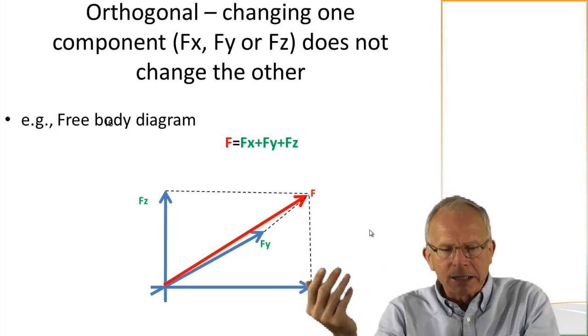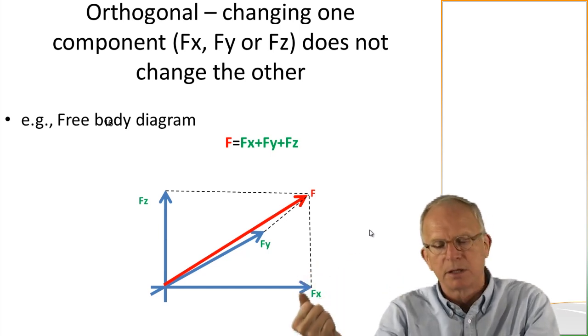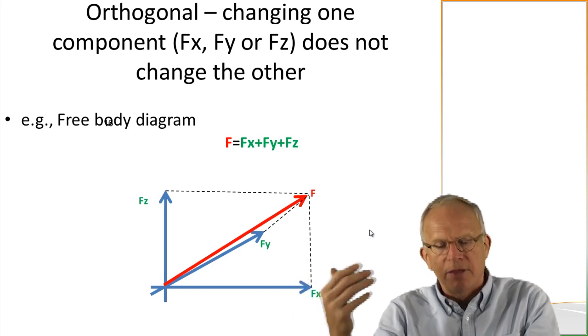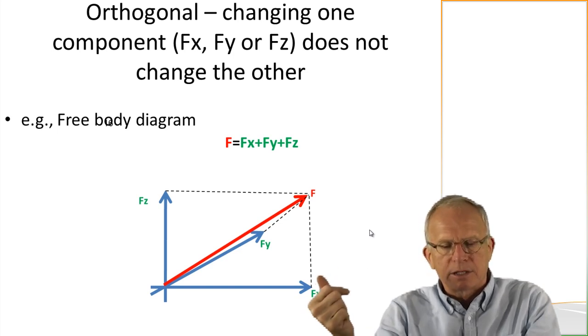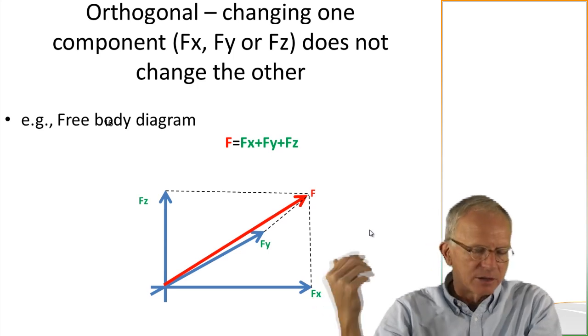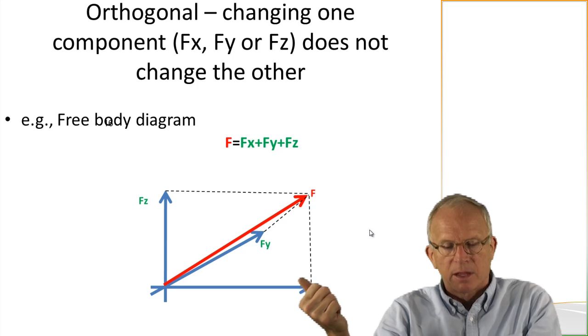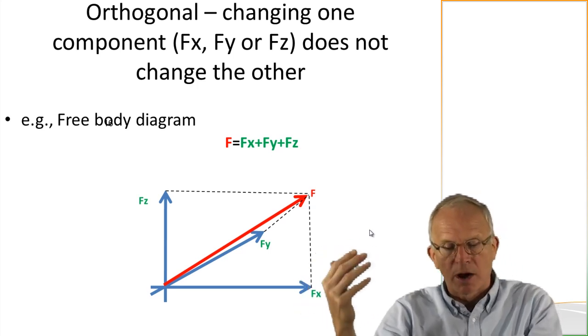Now, a free body diagram is generally, lots of times, developed in a Cartesian space. So we've got Fx, Fy, Fz, and these axes are all at 90 degrees, or orthogonal. When we have a vector like F represented here, the red vector F, we want to decompose that into Fx, Fy, Fz.